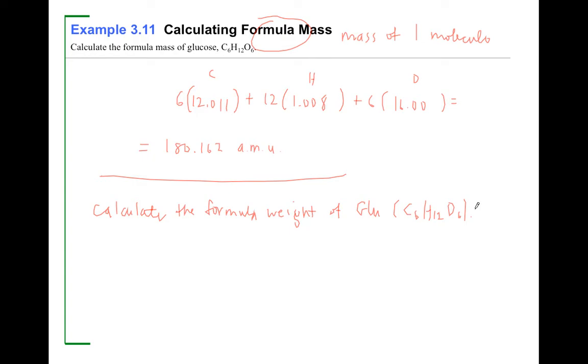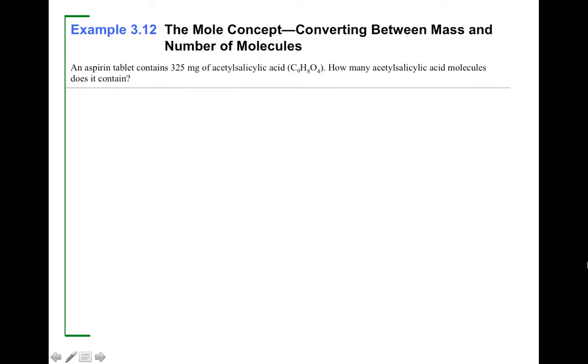Okay, let's do another example. Okay, so an aspirin tablet contains 325 milligrams of acetylsalicylic acid. All right, I'll make some notes here. I'm already overwhelmed. It looks like the mass of acetylsalicylic acid, just making something up here, is equal to 325 milligrams.